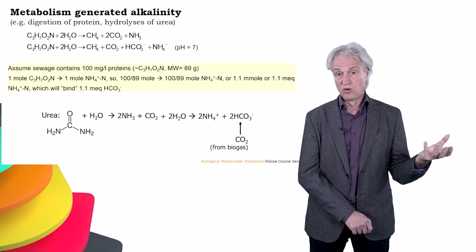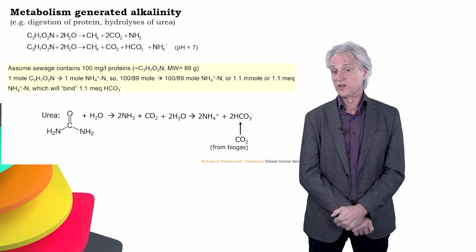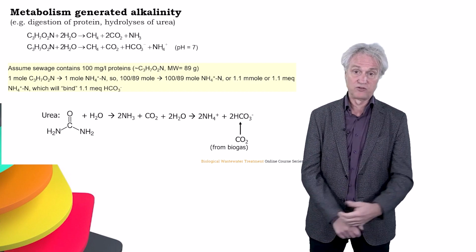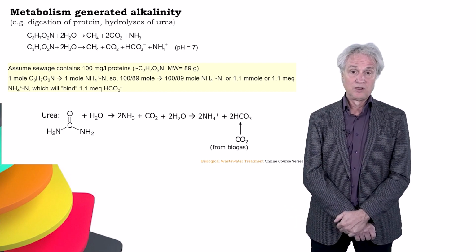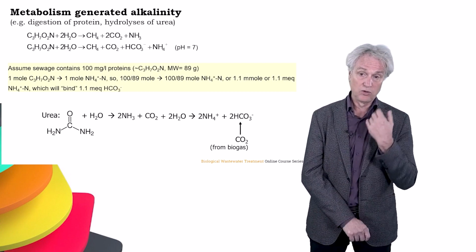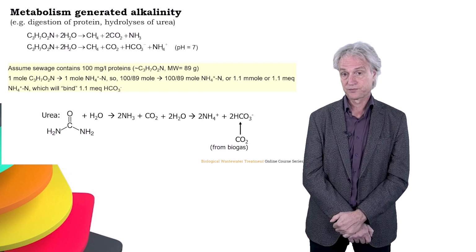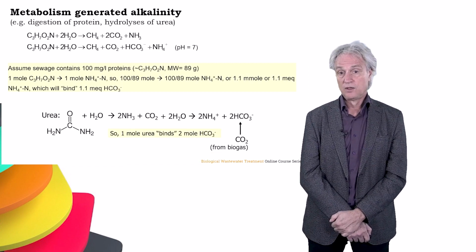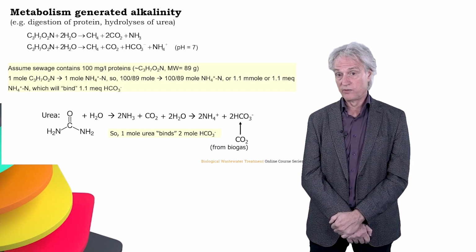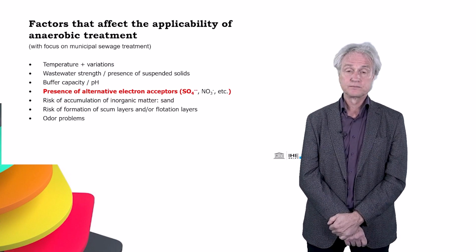Now, 1 mole of urea binds an additional CO2 from the biogas, so your pH will go up, and that is also what you observe. When urea is hydrolyzed, the pH will go up, and you will also smell ammonium. 1 mole urea binds 2 moles of bicarbonate, so we generate quite some alkalinity then.